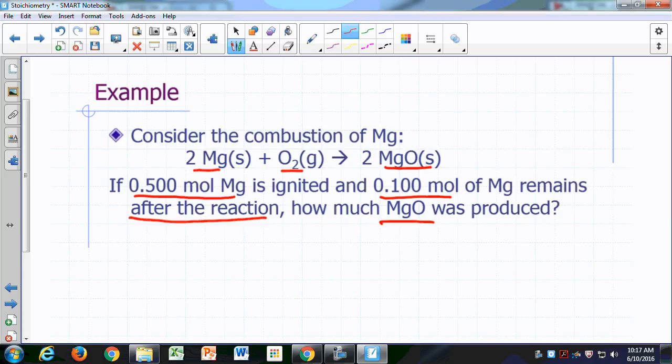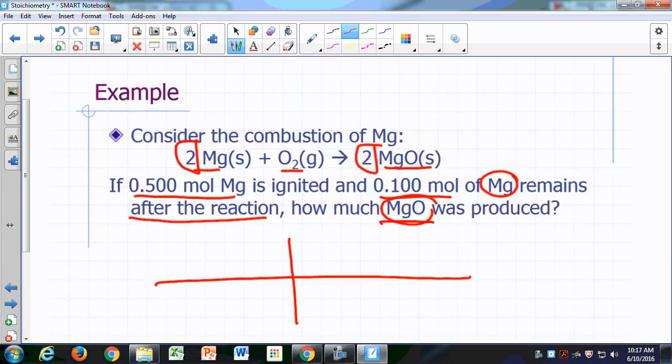Okay, so we've seen earlier that all you have to do is multiply the moles of something that you know by a conversion factor based on the coefficient. So we're trying to relate magnesium and magnesium oxide, so it's a 2:2 mole to mole ratio for magnesium oxide and magnesium. So you would set up your conversion factor.